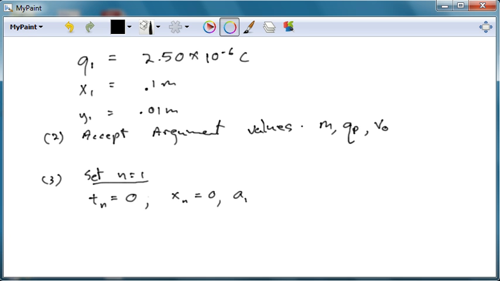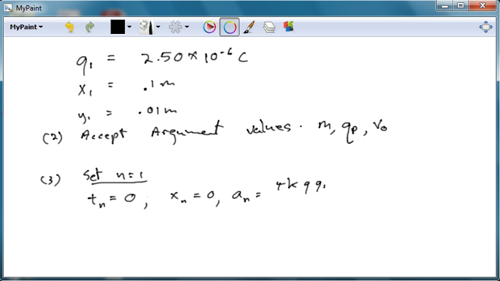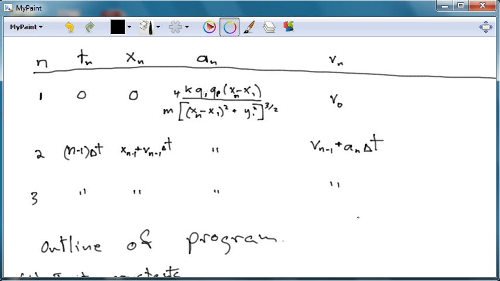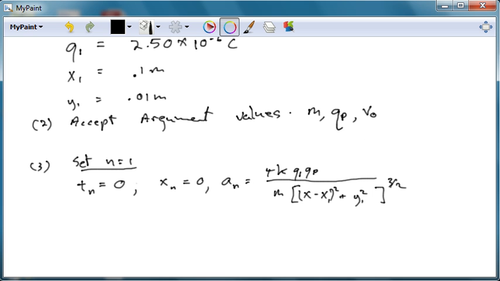A sub n equals the expression that we had for K Q1 QP, I gotta look at it, Q1 QP over M and something to the 3/2, was x minus x1 squared plus y1 squared, times xn minus x1 here.